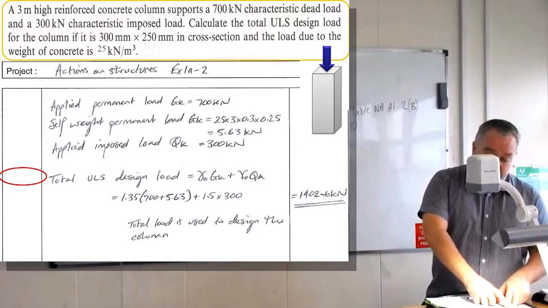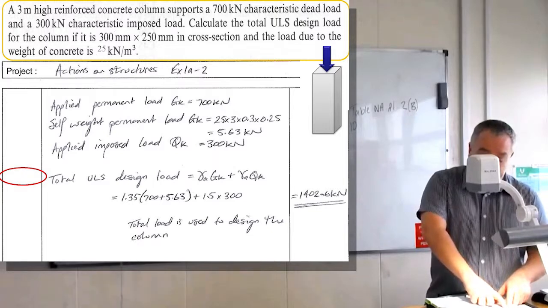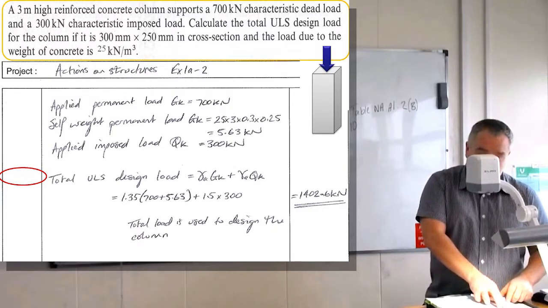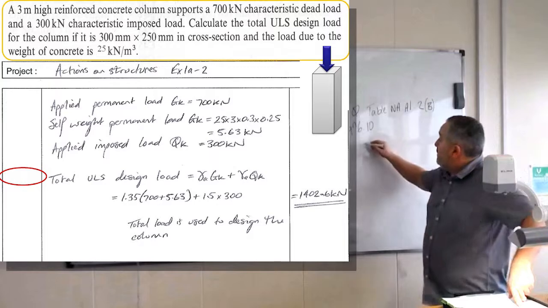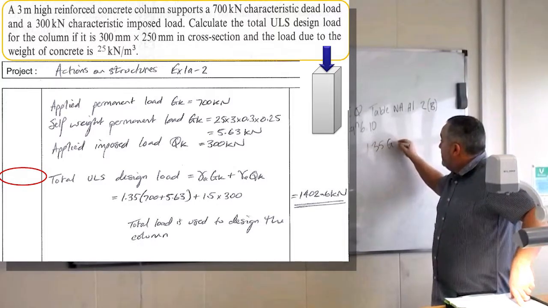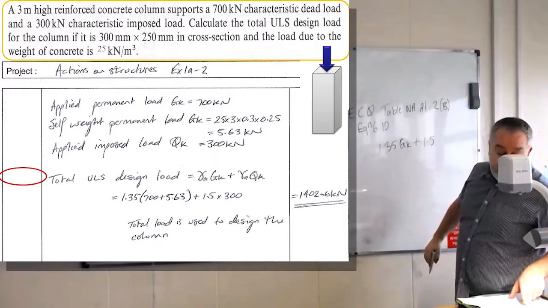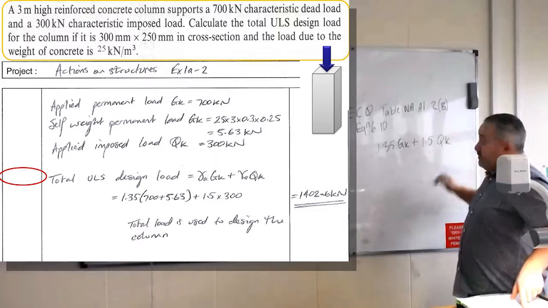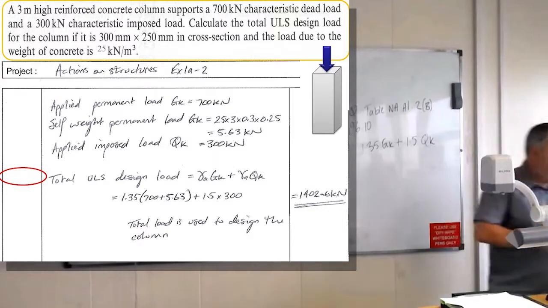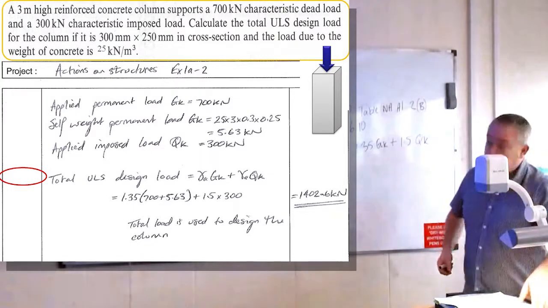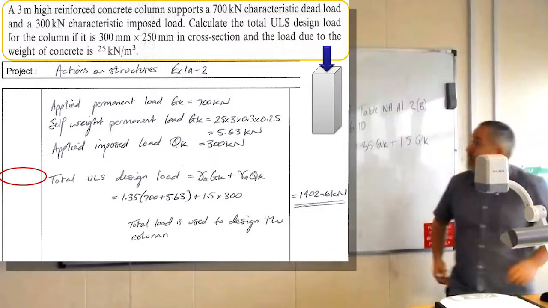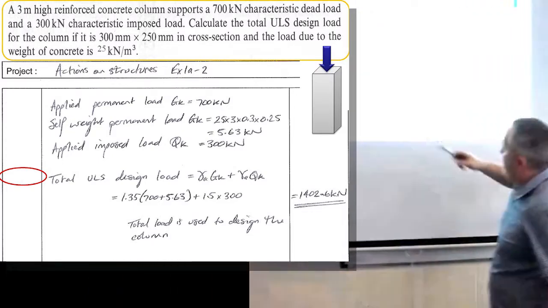We're told we've got 1.35 times by our GK, characteristic dead load. So we're not splitting in between the superior and inferior. We'll cover that next week, an example with that. So we've got 1.35 times by our GK, and then plus 1.5 times by our QK. So that's where you're getting that information from. So stick that reference there.